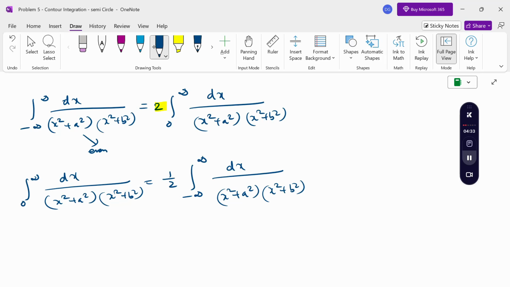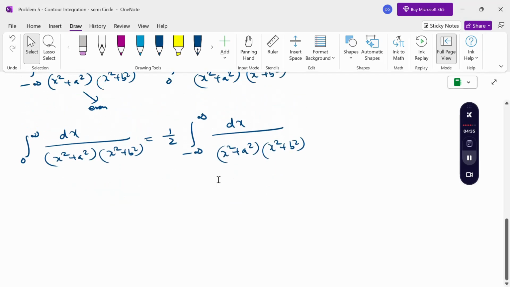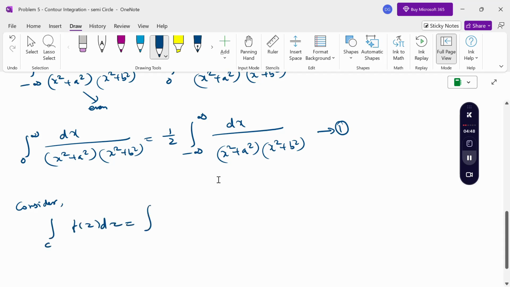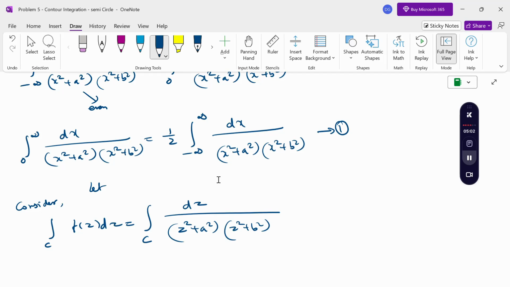So now consider this as equation number 1. Now let us consider the integral over C of f of z dz, replacing x by z, equals the integral of dz by (z square plus a square)(z square plus b square), because let this whole term be f of z.